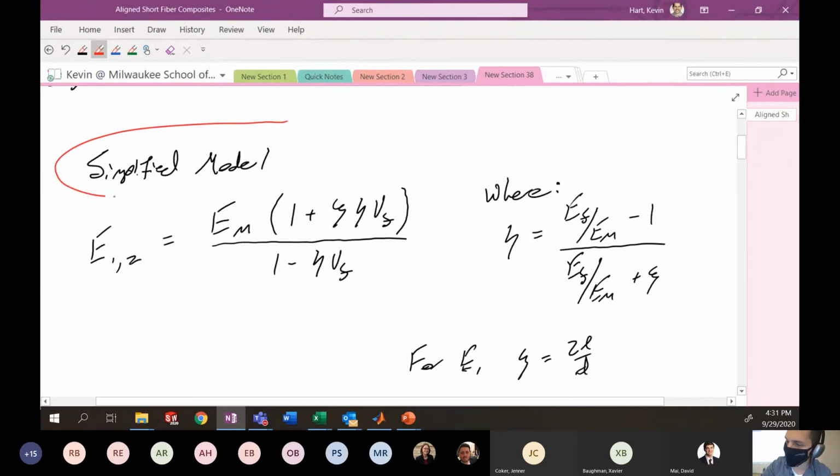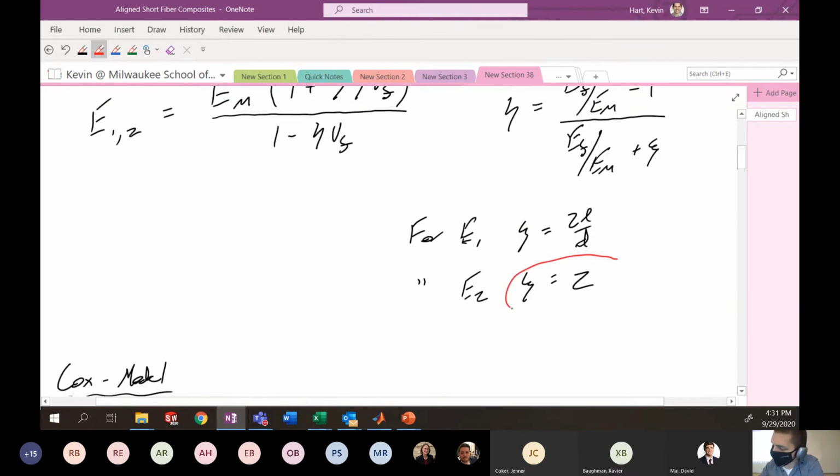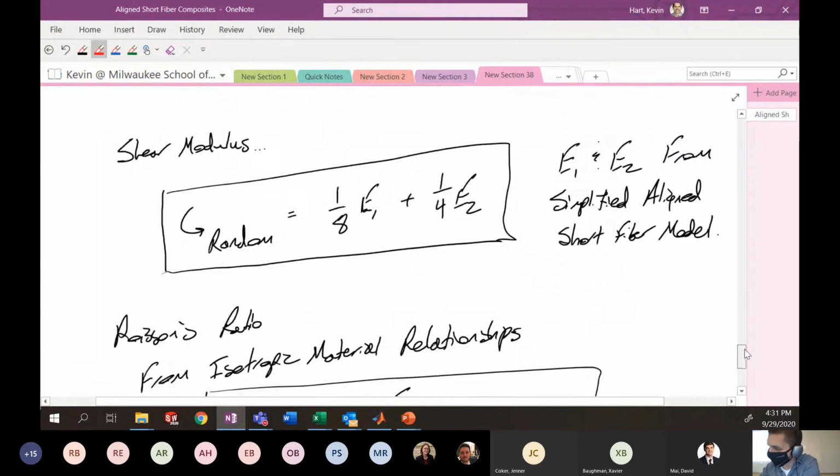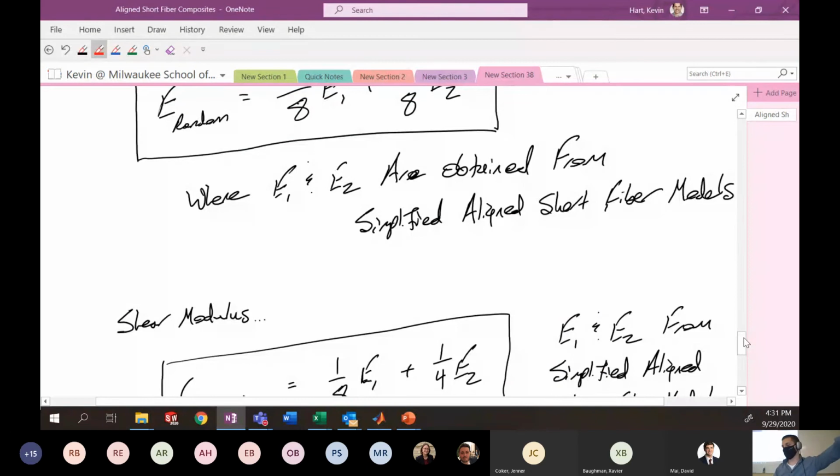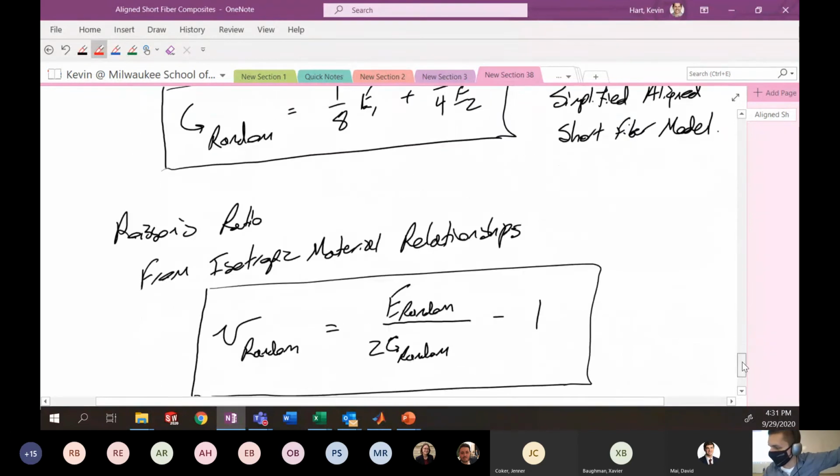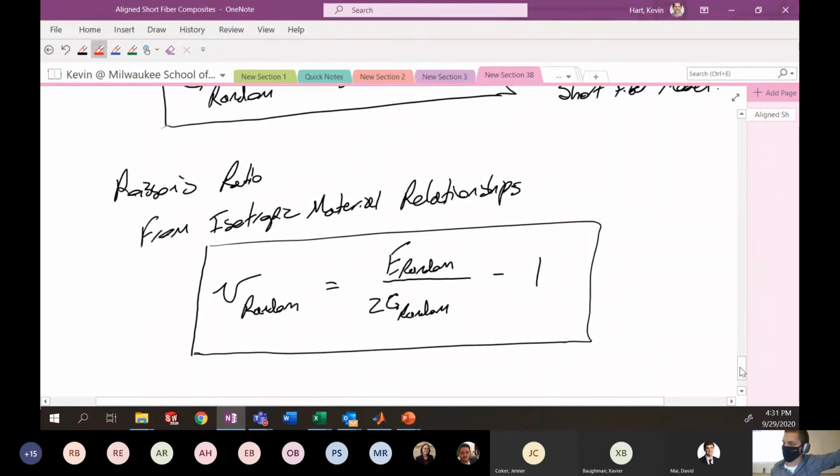Here's your simplified model with E1 and E2, right? That's for an aligned short fiber composite, way back at the beginning of this lecture. For E1, use xi with the aspect ratio. For E2, use xi equal to 2. Those two calculations feed into the calculations of randomly aligned short fiber composites that you see here. I've seen that mistake many times.